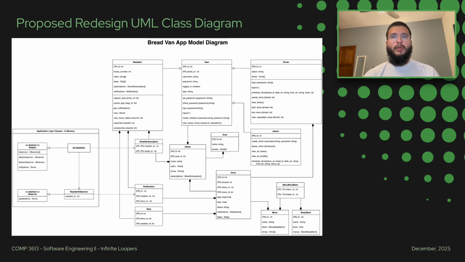Essentially, when a drive is scheduled, the drive notifier will dynamically assign and attach observers by iterating through the street subscription table. And then of course call notify afterwards, which would then call each observer's respective update method, which would then create each notification record.